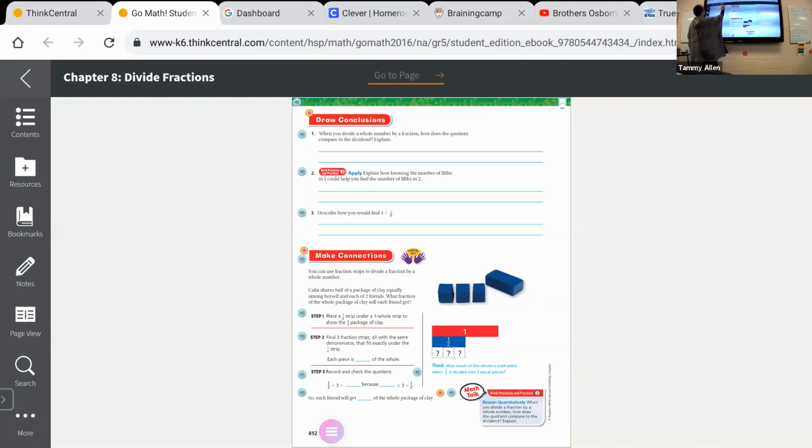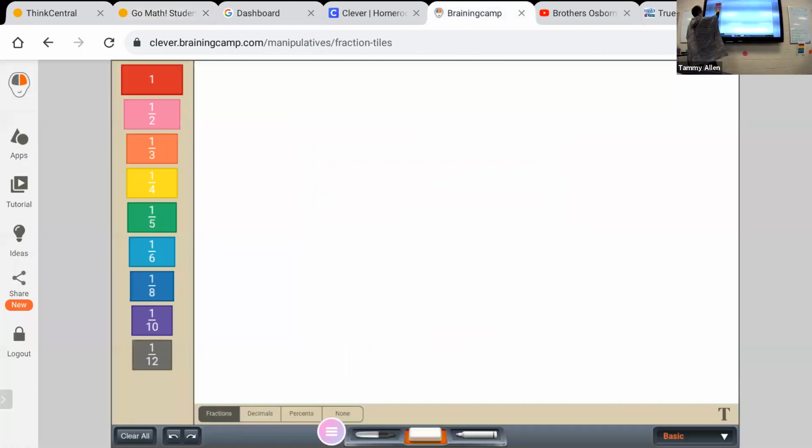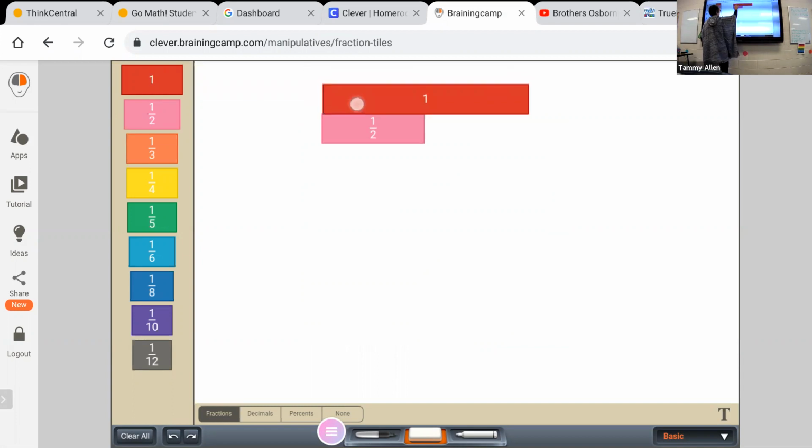So if we go back to this, and we have a half. And we want to divide it 3 ways. That means that we're going to separate it into 3 equal pieces. So that needs to be a third, right? Yes, no? Can we do it like that? No, we can't.